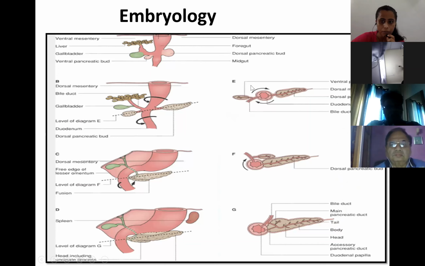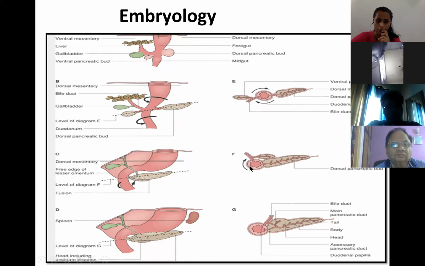So here this is the ventral one and this is the dorsal one. Now the ventral pancreatic bud, which is the smaller one, branches from the hepatic diverticulum in the ventral mesentery and therefore shares the duct drainage system with the liver, and later on it forms the pancreatic head and the uncinate process.